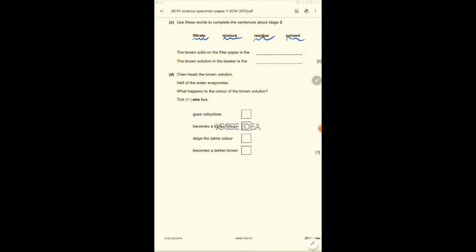The brown solid on the filter paper is the residue. The brown solution in the beaker is the filtrate.